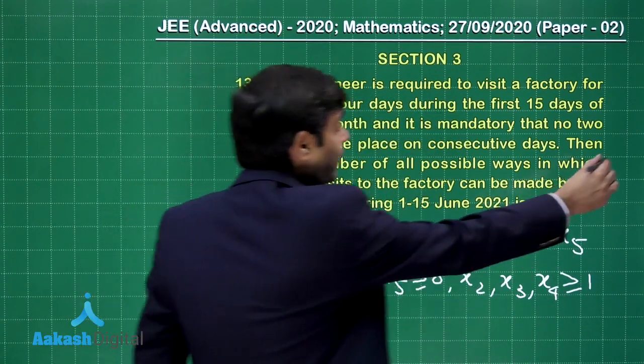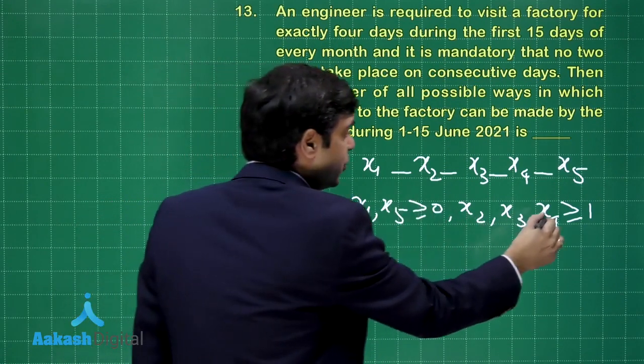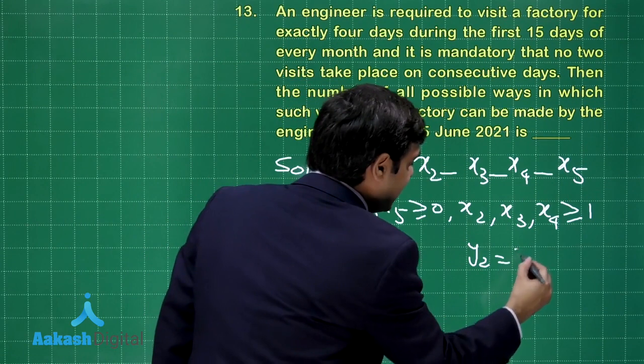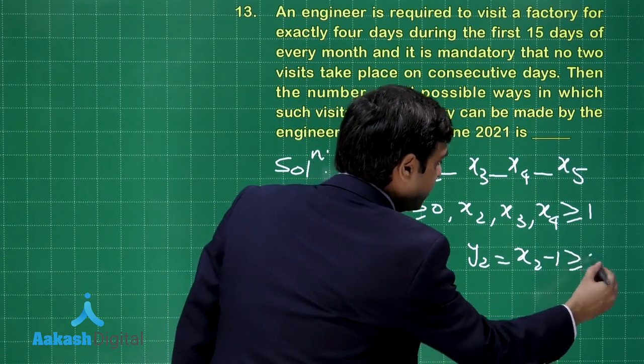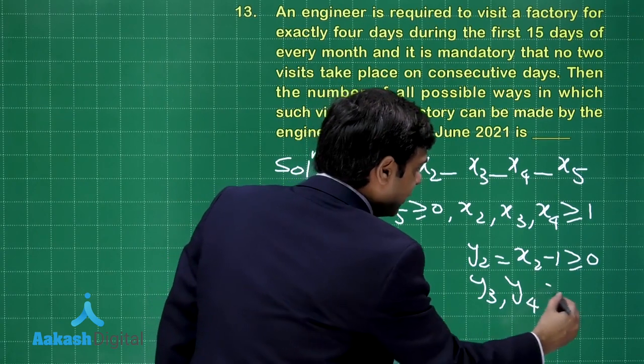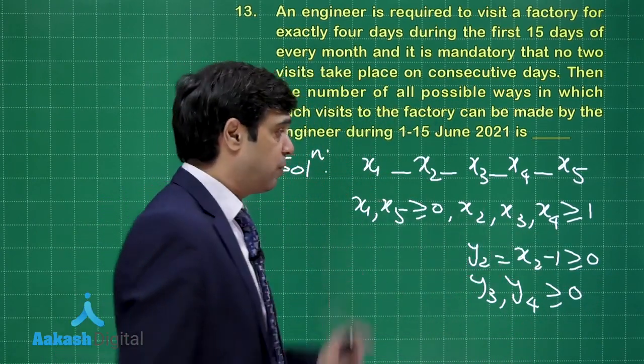Now, we can change X2, X3, X4 as Y2 is X2 minus 1, so greater than or equal to 0. Similarly, Y3, Y4 are greater than or equal to 0 by considering X3 minus 1 and X4 minus 1.